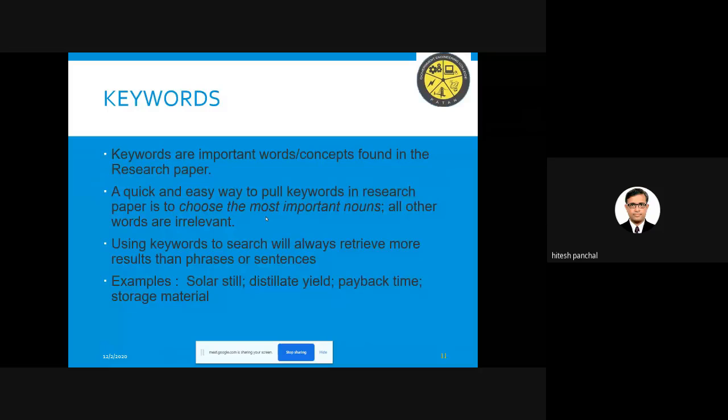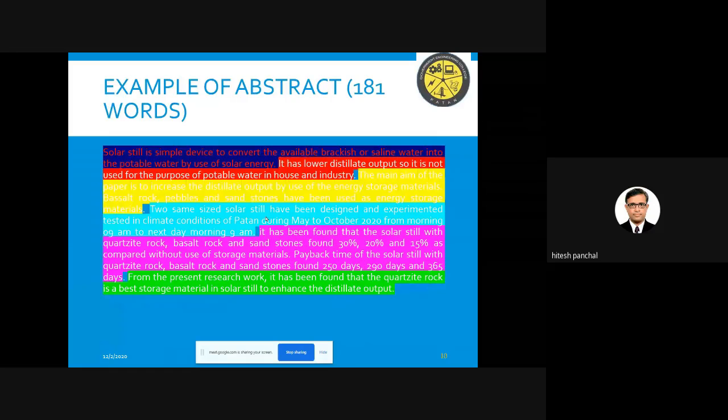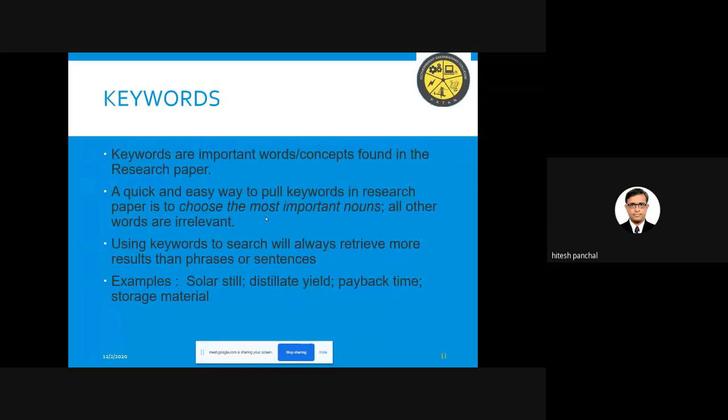In my research here, you can see the abstract is written here. In this abstract you can see most words are based on solar still. So solar still is a good keyword. Then energy storage material is a good keyword. Payback time is a good keyword. Distillate output is also a keyword. So whenever you search for your research paper, you can search based on the keywords.